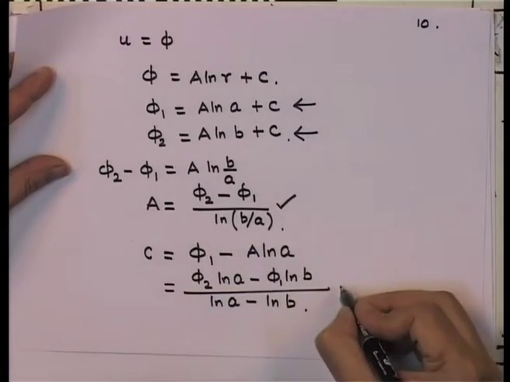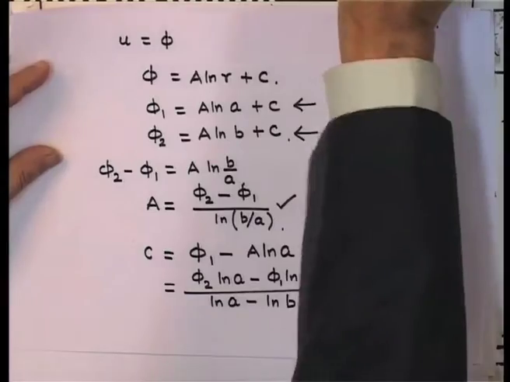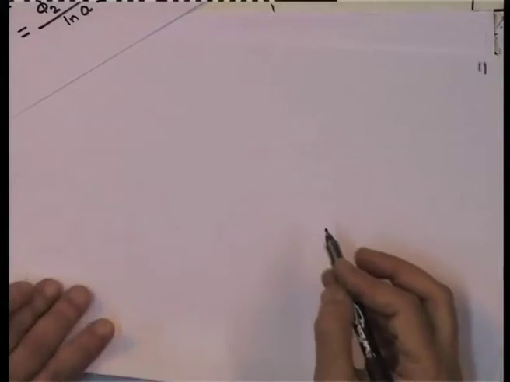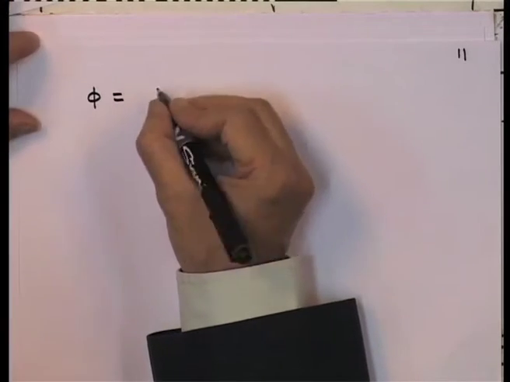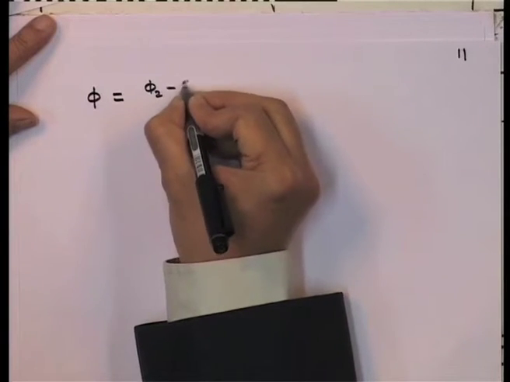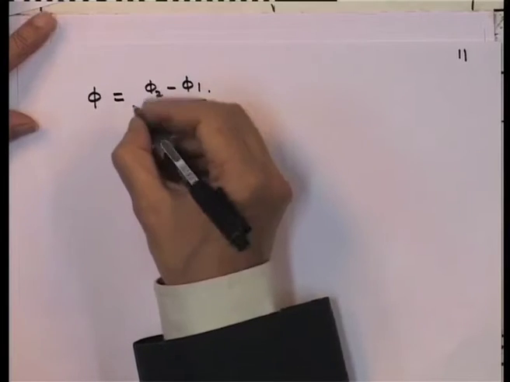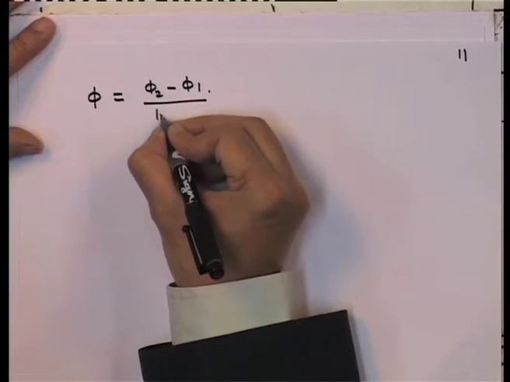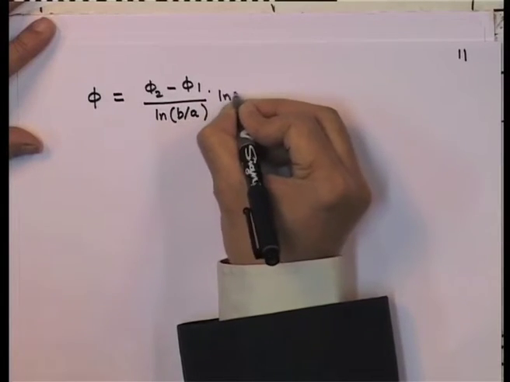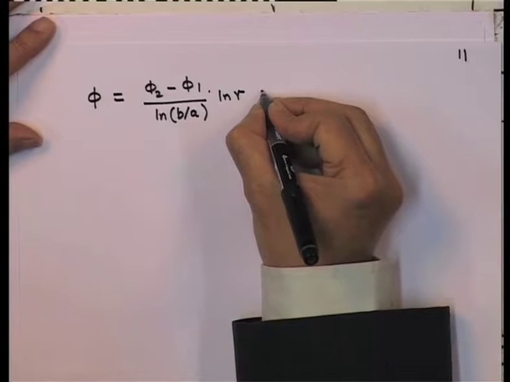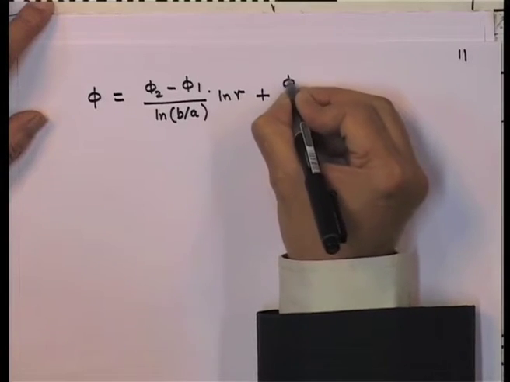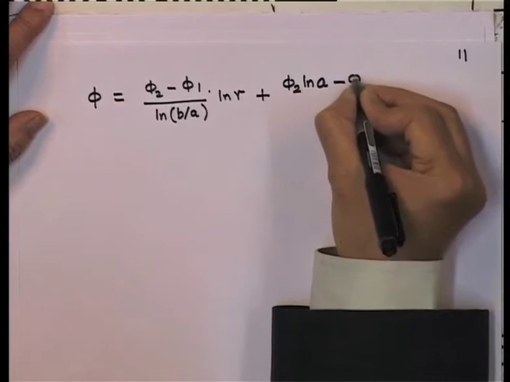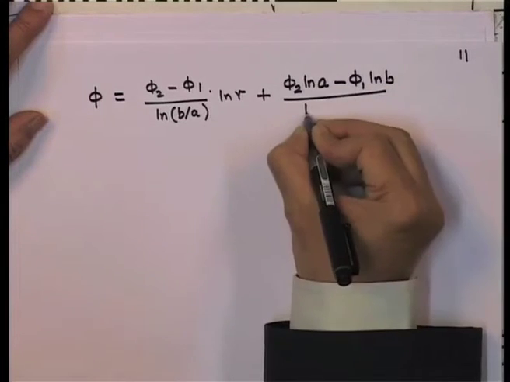Now, I have determined a and I have determined c. So, as a result, my general expression for the potential phi is given by a, which is phi 2 minus phi 1 by log of b by a, times log r, plus the constant which we have seen is given by phi 2 log a minus phi 1 log b divided by log of a by b.